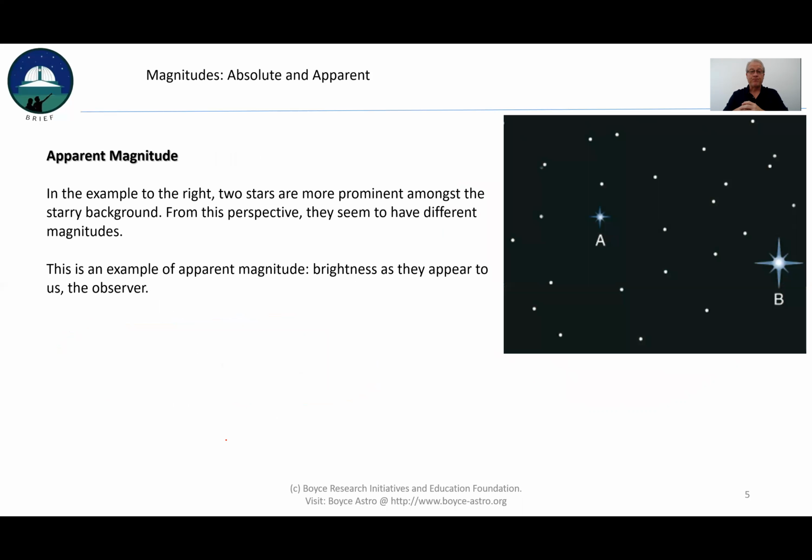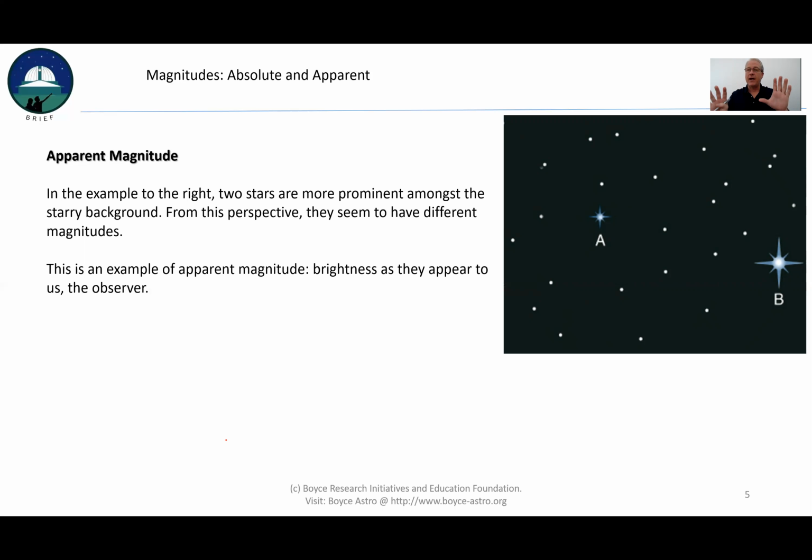So for an apparent magnitude, let's look at the two stars on the right against the background. We have the A star and we have the B star, and they both appear to have different brightnesses. In this case, B appears brighter than A. That's all we know at this point. It just appears brighter. It doesn't tell us anything about the luminosity at the source.